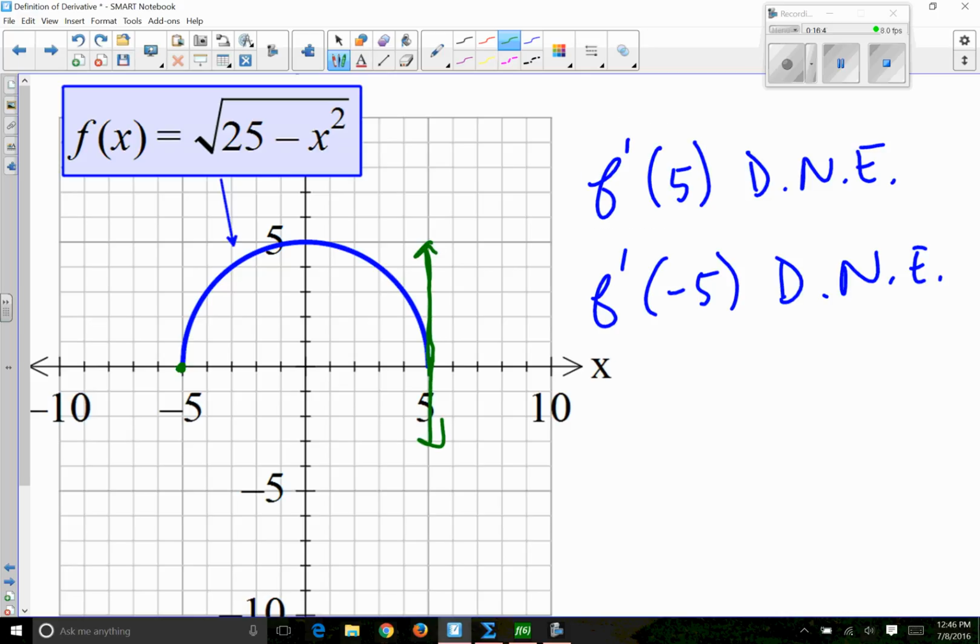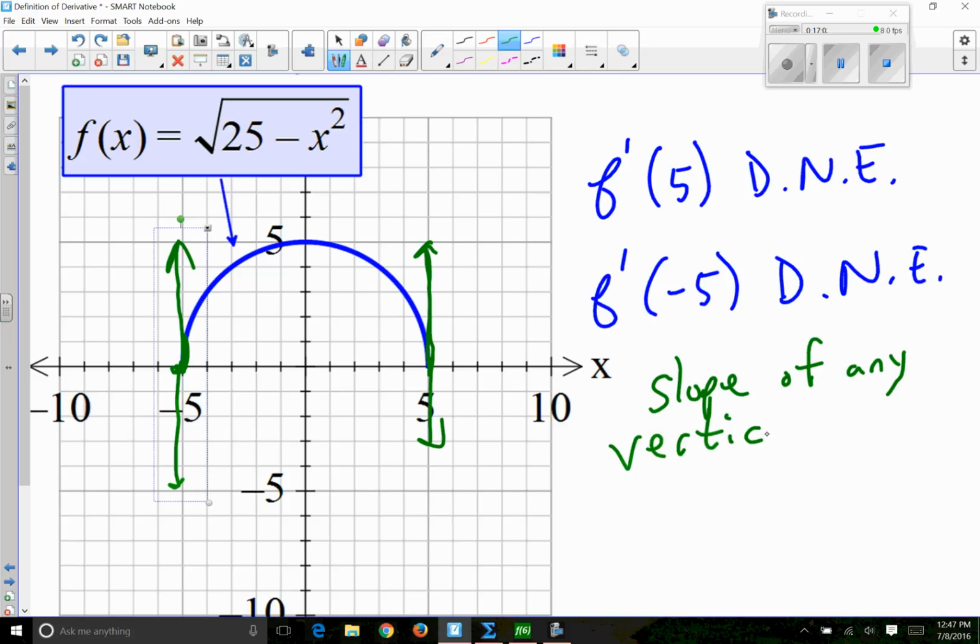And the slope of any vertical line does not exist.